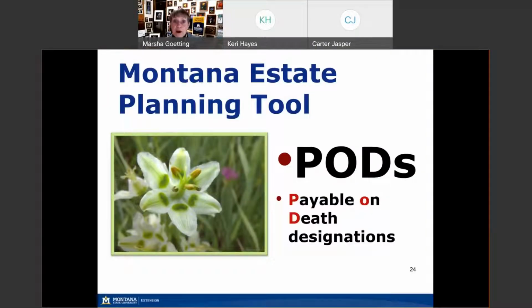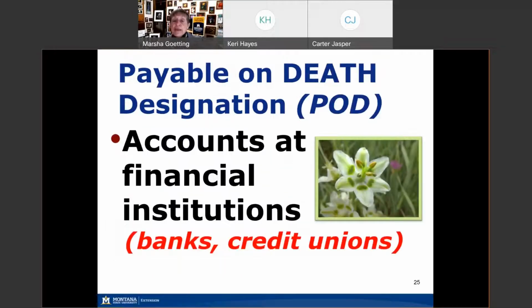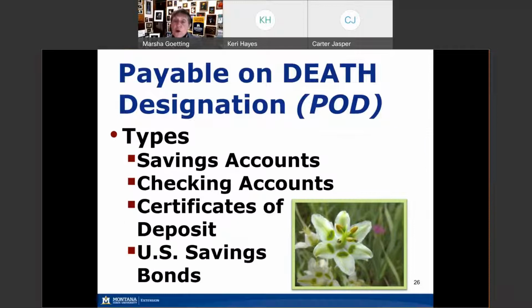But how about PODs? A POD is a payable on death designation. And you can place that POD on any of your accounts that you have at financial institutions, such as banks and credit unions. You've got a checking account, you've got a savings account, you've got certificates of deposit, even United States savings bonds.